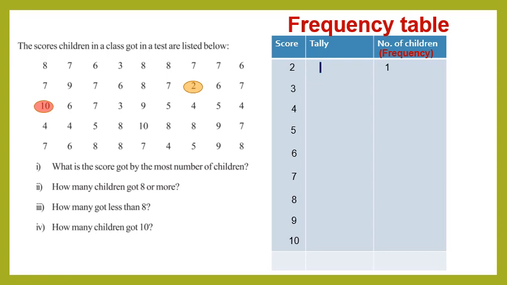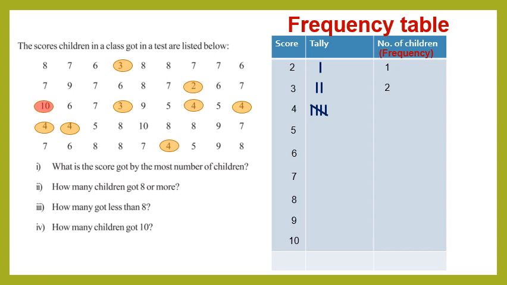Then check how many times score 3 is repeated. Yes, give tally marks 1, 2, only 2. Then write 2 here. Then count 4 and give tally marks 1, 2, 3, 4, 5.